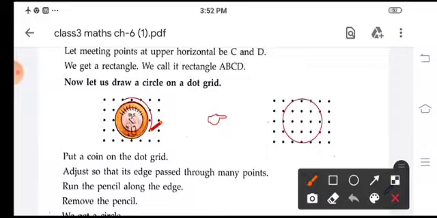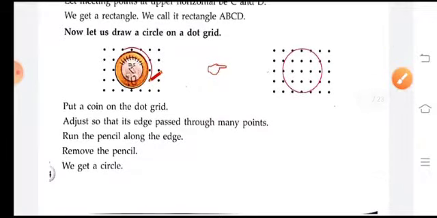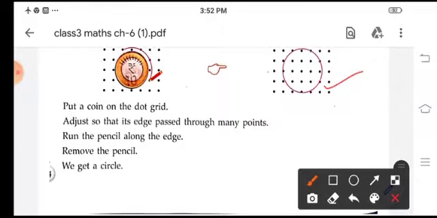So we start from here. We have taken a coin of rupees 10 and we have kept it on the sheet of paper, and then we just start making a line, and then when we remove the pencil and the coin, then we'll get this circle in the dot grid.